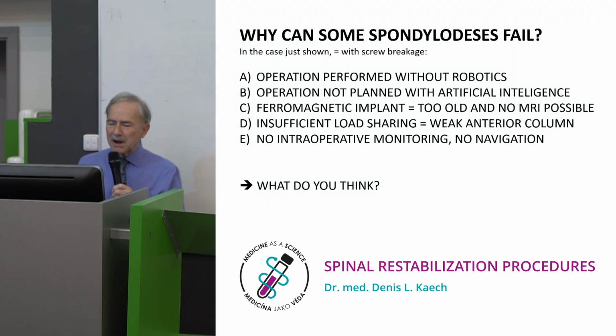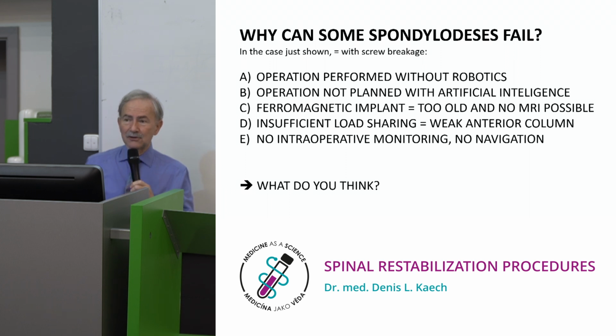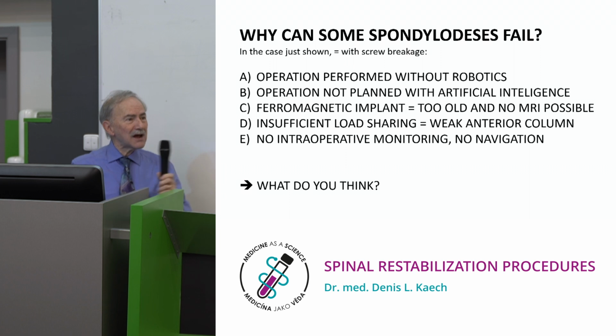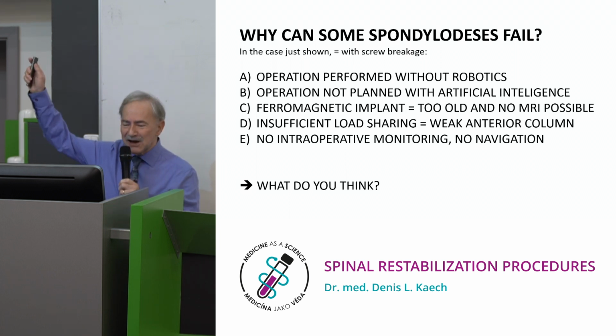Who thinks ferromagnetic implants, well, these old screws are too old and MRI is not possible, it's not a good technique? Who thinks that it is maybe due to insufficient load sharing, a weak anterior column? Yes, yes, well, you're right. Your colleagues had also raised their hands.